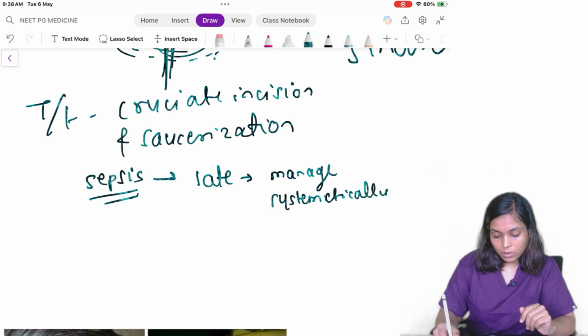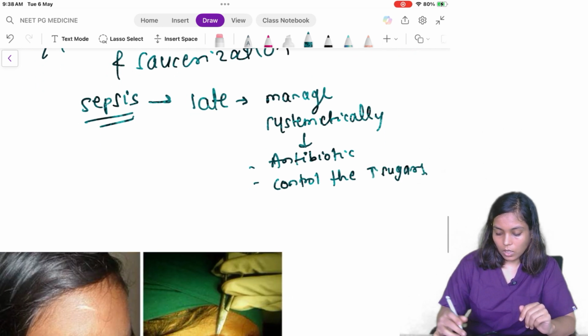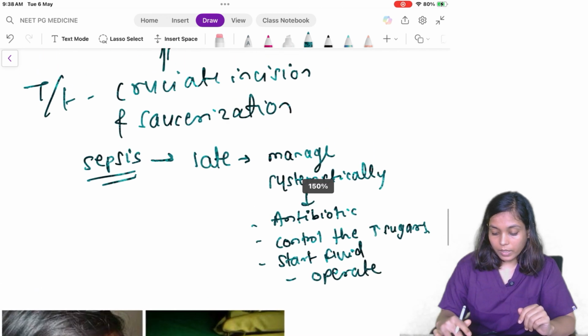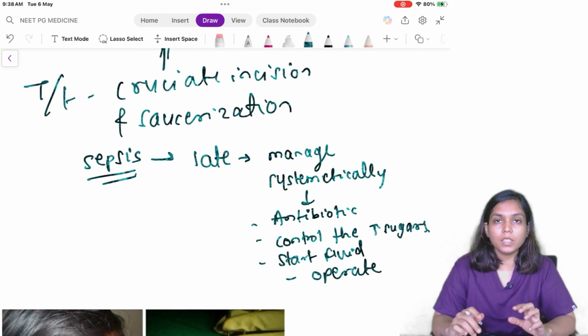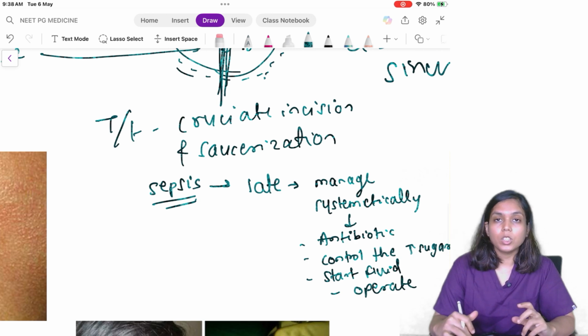That means you need to start antibiotics, you need to control the elevated sugars, you need to start fluids, and then you will operate on the patient. Rarely, but this patient can present in sepsis if the presentation is late.